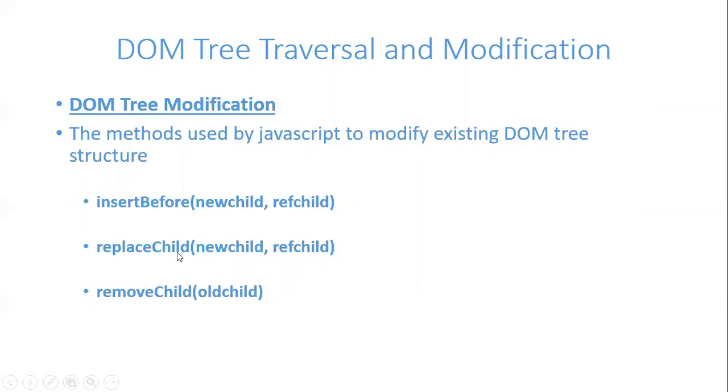Similarly, we have a replace child method: a new child will be put in place of the reference child. So here it will be before the reference child, there it will be in place of the reference child. There is one more method called remove child. Using this method, we can remove the child which is specified as a parameter. All these methods are to be used with reference to the element object.